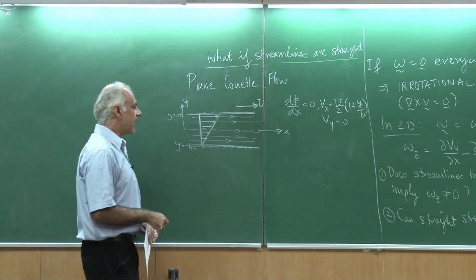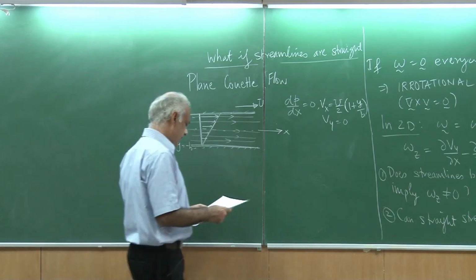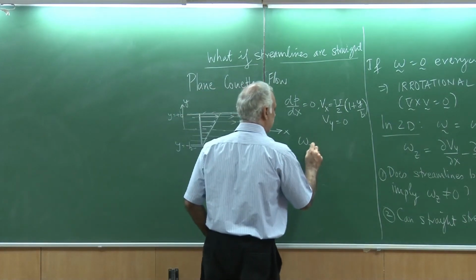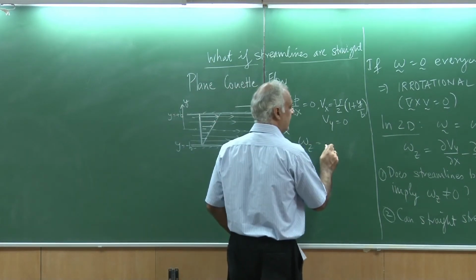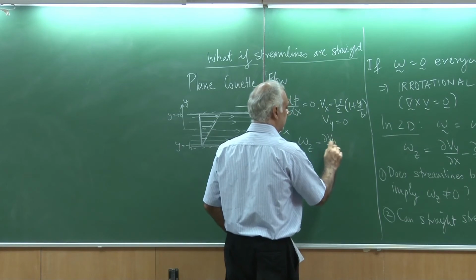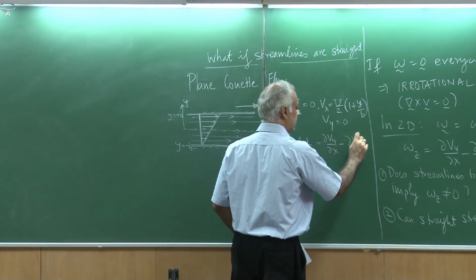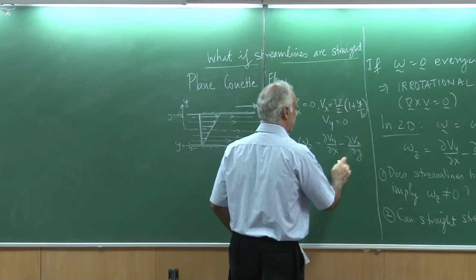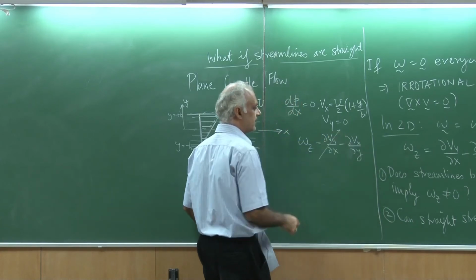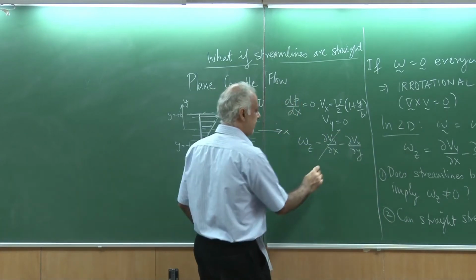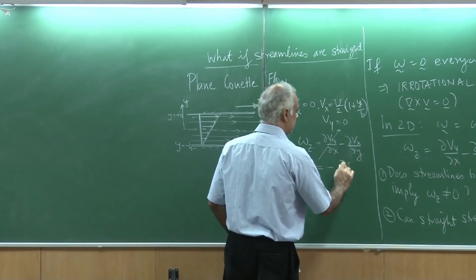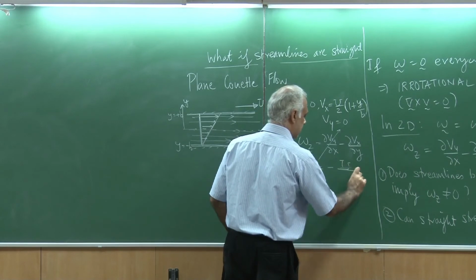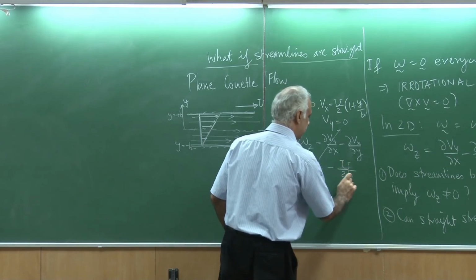One can now calculate omega z for this flow, and that's of course given by del Vy by del x minus del Vx by del y. This term goes away, there is no Vy, and this turns out to be minus u over 2b.